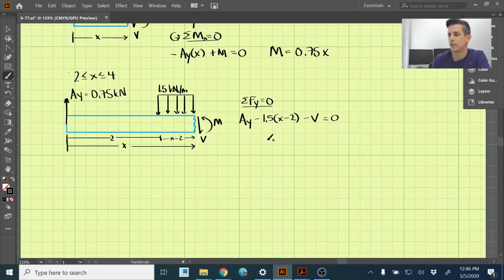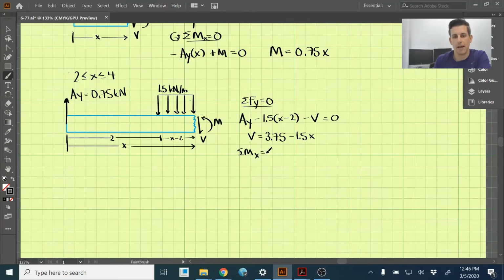Now rearranging that equation and multiplying this out, V is equal to 3.75 minus 1.5x.